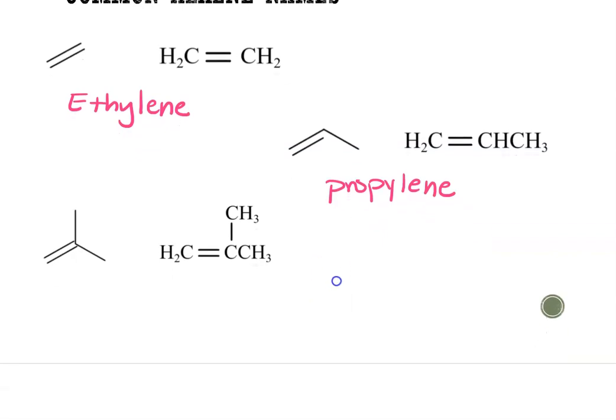I know it's crazy how the common names are longer than the actual IUPAC names. Whatever. And lastly, here we have this thing that looks like isopropyl alcohol, but it is not. This is what we call isobutylene because it's got that iso structure and a double bond and 4 carbons, so it's pretty self-explanatory.